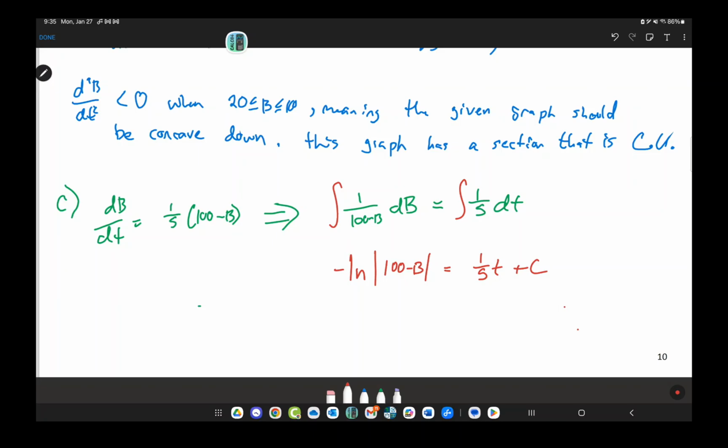Even though my initial b value would give me 20, all my values are going to be positive anyway. Because this is modeling a real world situation, I'm not going to have a zero value for weight ever. It doesn't really matter because you're going to get rid of the natural log, right?